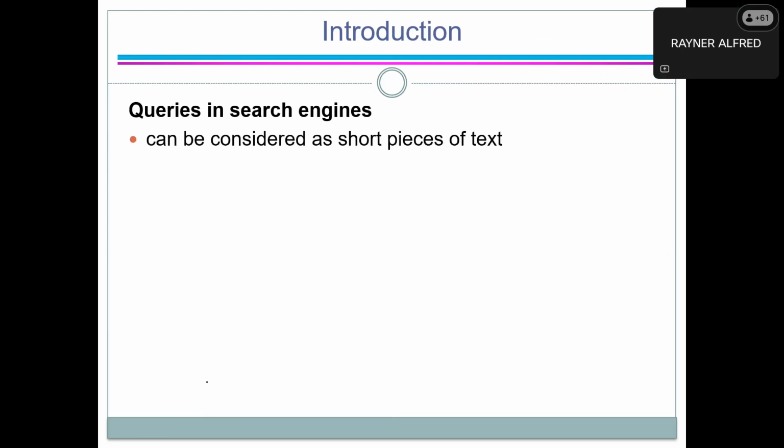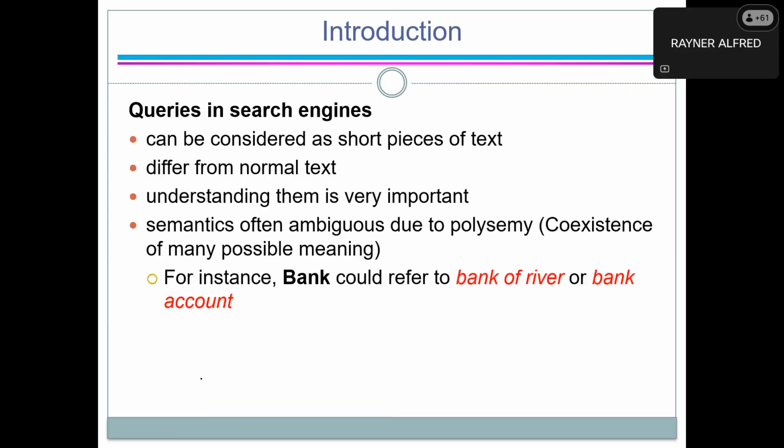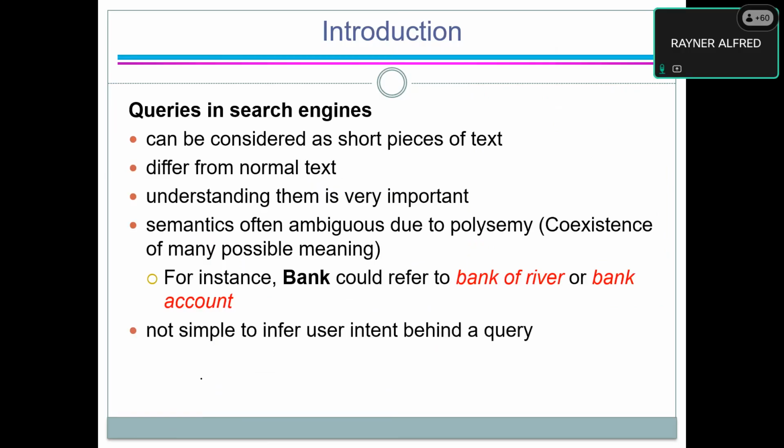A query in a search engine could be considered a short piece of text, so different from normal text. What we want to do is, when we do some query, know what aspect or in what context the word is being used. For instance, bank could refer to bank of a river or a bank account.